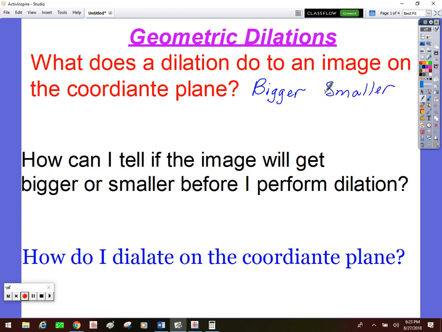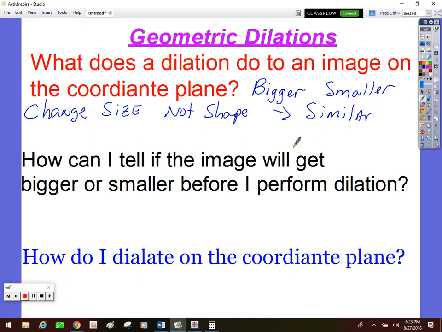So now we're actually changing the size of an image. This will change the size but not the shape of the image. So now we're not talking about congruency anymore. Now we're talking about an image that is similar to the other one.